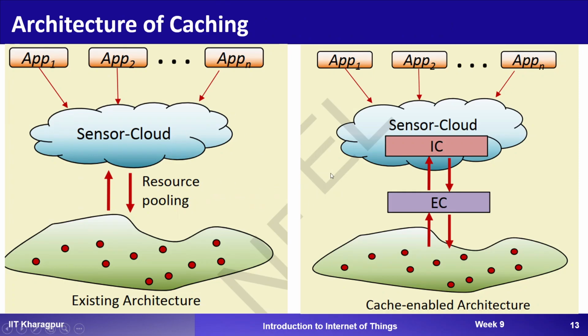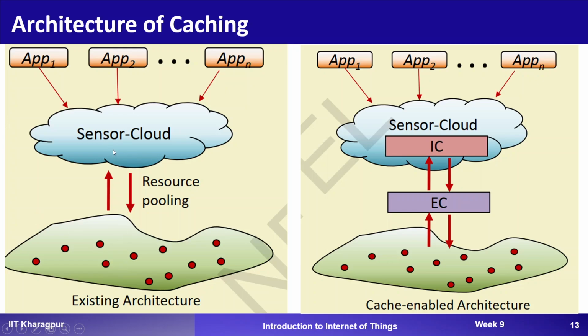These two diagrams are showing the architecture. The first diagram is the existing architecture of your sensor cloud, that is without your internal and external cache. In the existing architecture, whenever a different application wants the data, we need to fetch the data from sensors.